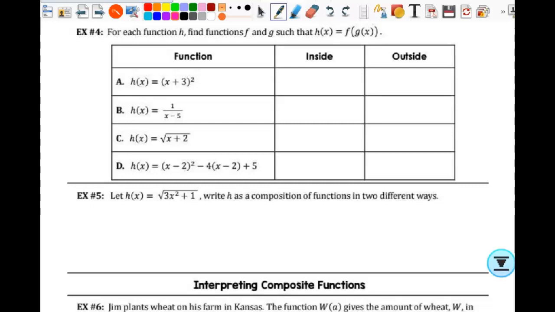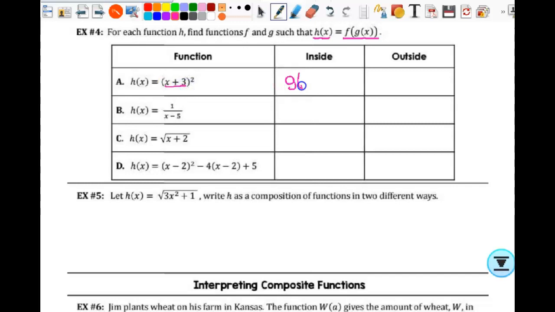But let's just leave this simple and basic. I think there's one way that's always a little bit easier for everybody to recognize. When I look at A, and this is h of x. If h of x is going to equal f of g of x, the g of x is the inside part. So this inside part is x plus 3.